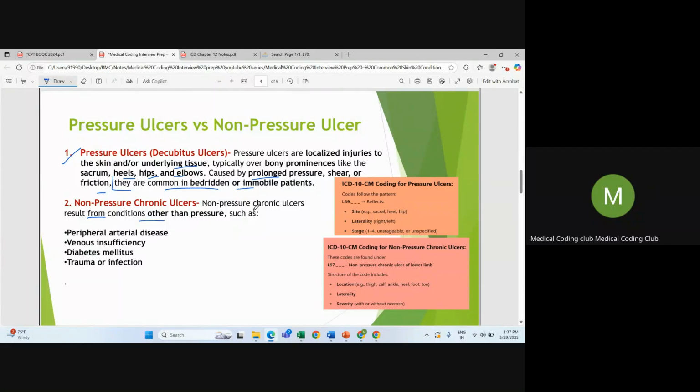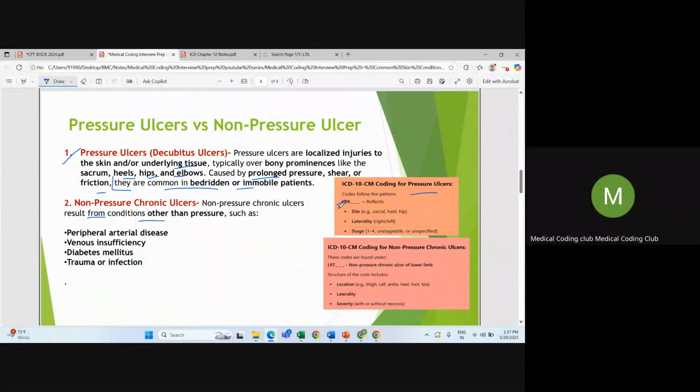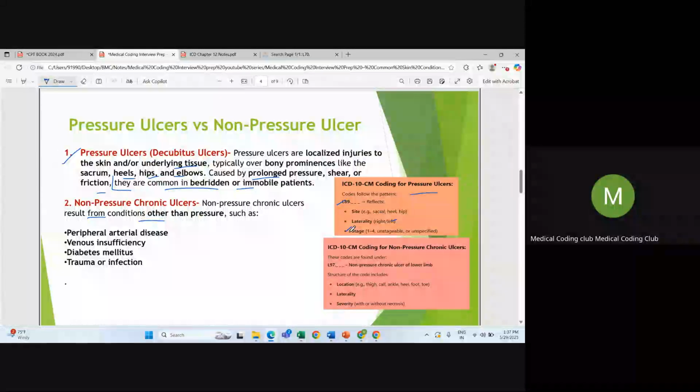If you see the ICD code classification for pressure ulcer, we have the codes from the L89 series, and here we need to check the site, laterality, and stage. Like pressure ulcer stage 1, stage 2, stage 3, unspecified stage, or unstageable stage.